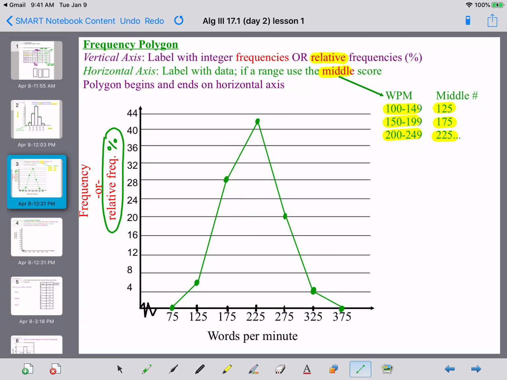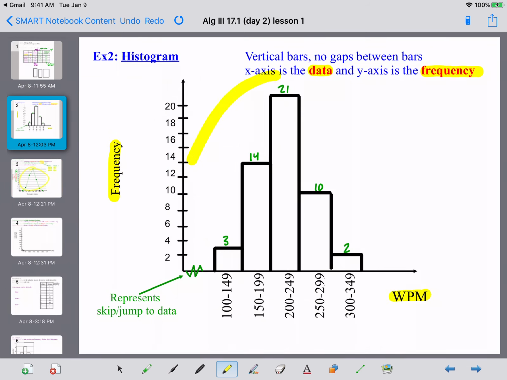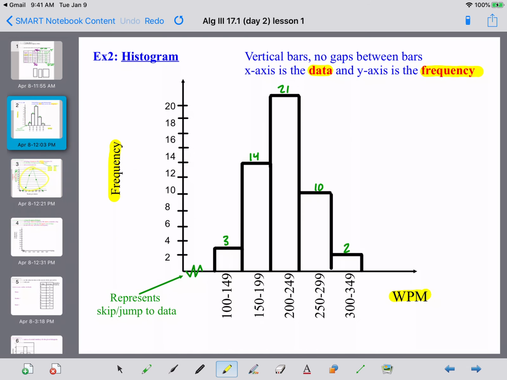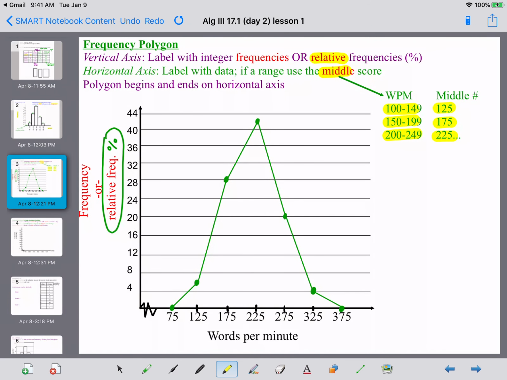So one other thing you should notice is if you look at this shape of your frequency polygon here and compare it to the shape of your histogram, the shapes should be relatively similar. So they both have a peak towards the middle. The left-hand side is a little bit steeper or larger. There's more data in it. So that's just one thing that you should recognize.